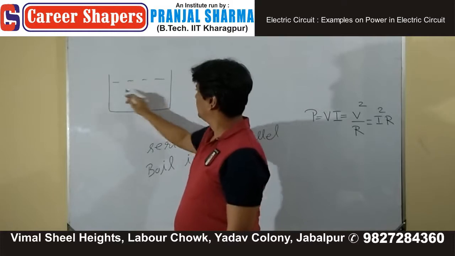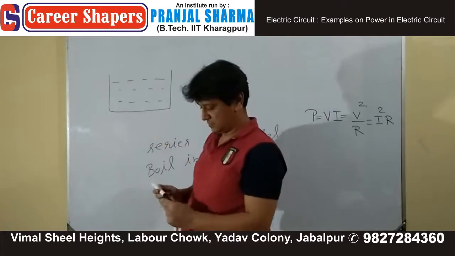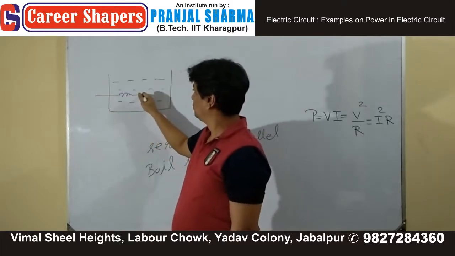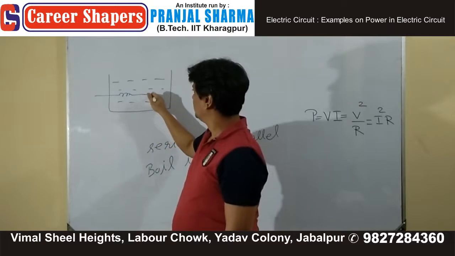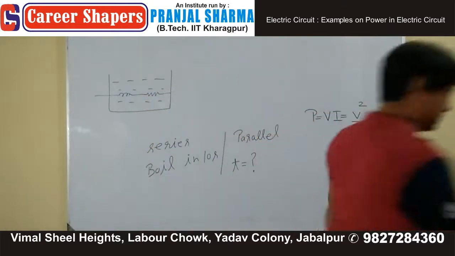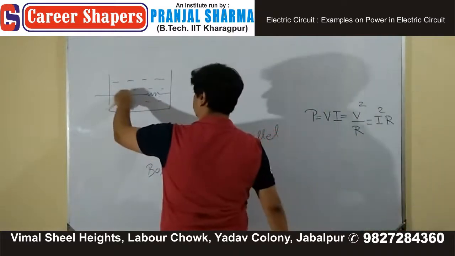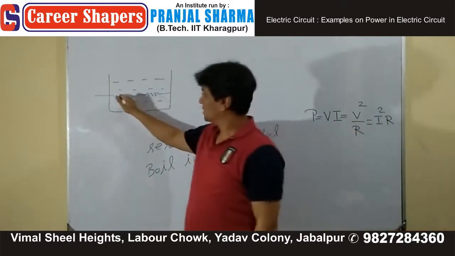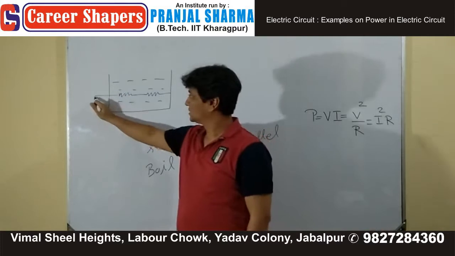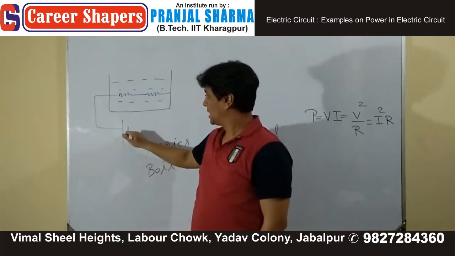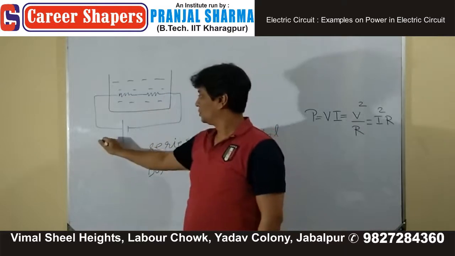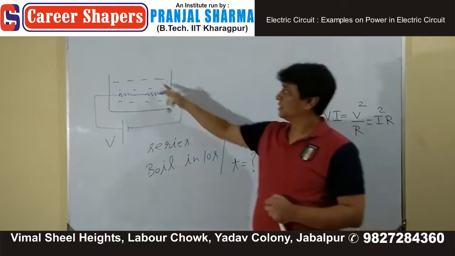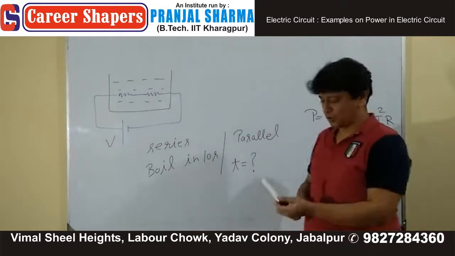Suppose you have some water in a beaker and you connect two heating coils. For you, these heating coils are simply resistors, remember. And you connect this to a voltage of V. Two resistors, two heaters, and they are boiling this amount of water.